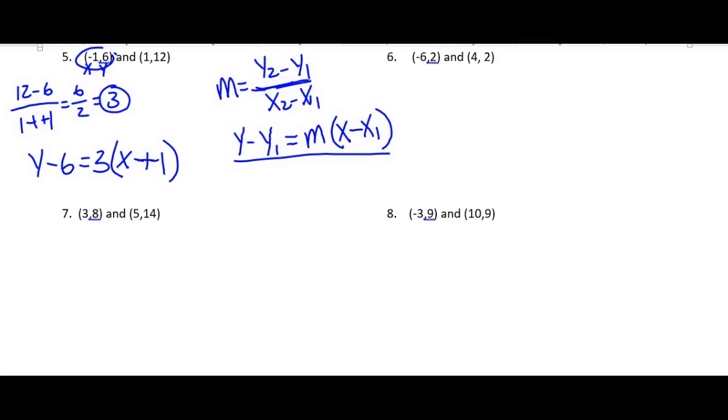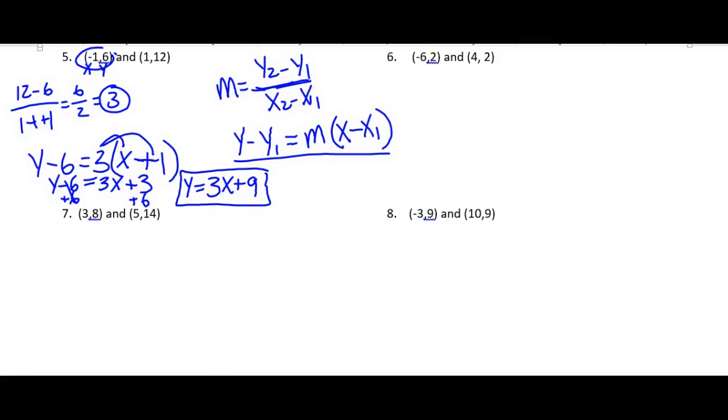All I have to do now is solve for y. So 3x plus 3 equals y minus 6. We'll then add 6 to both sides, and you end up with y equals 3x plus 9. There's our equation.